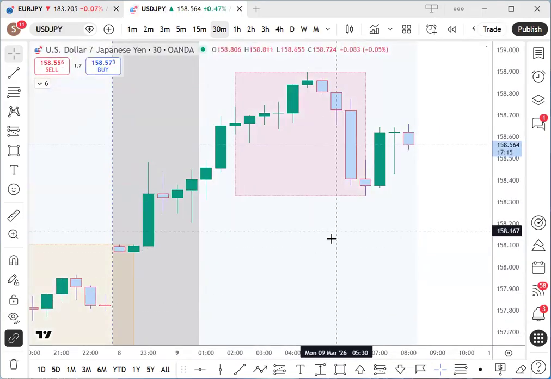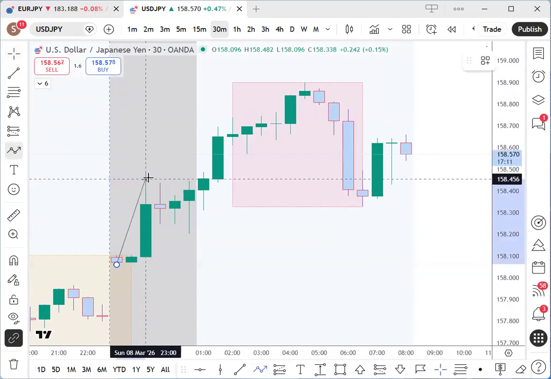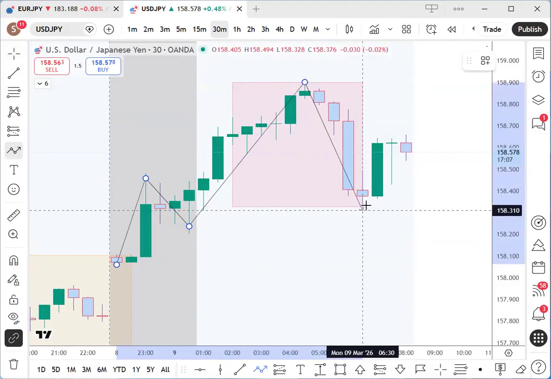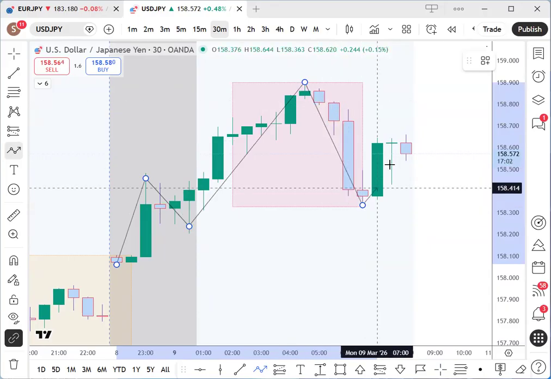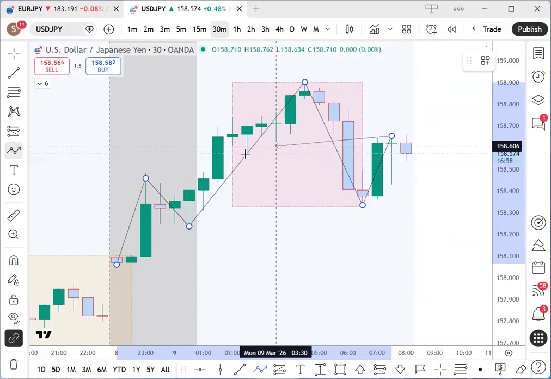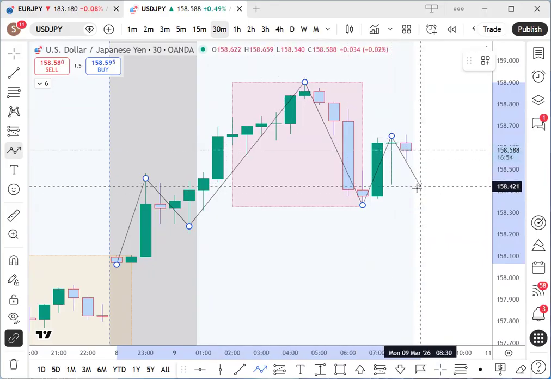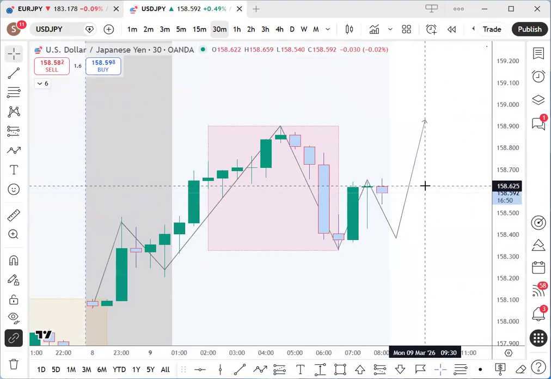Euro USD Yen. Okay, so this one is a bit, let's see, this up, down, and then up all the way, then down. So we had the break of structure, a massive pullback, and then right now, maybe somewhere around here. Well, this one I can't really decide.